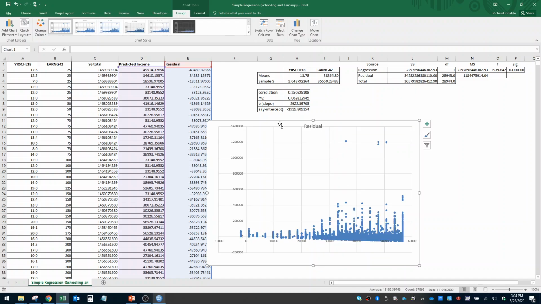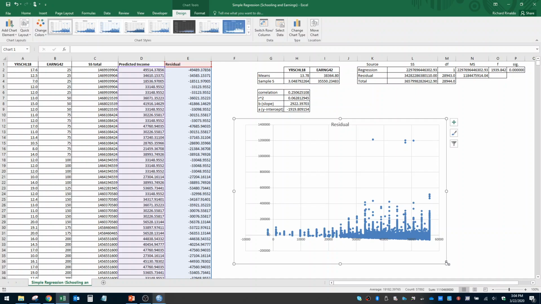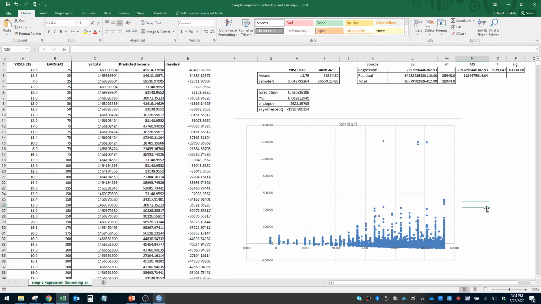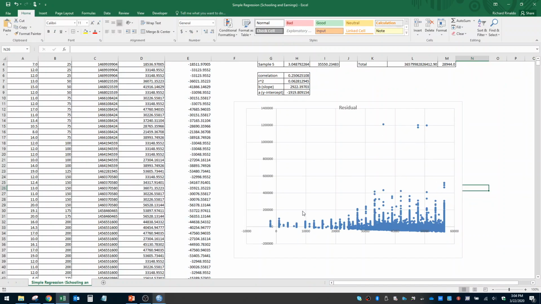Now my residuals, as you can see here, for my low values, my residuals are much smaller down here, and I can see here it fans out up here. I don't have very many residuals on the negative side, so I'm not very often under predicting the income.